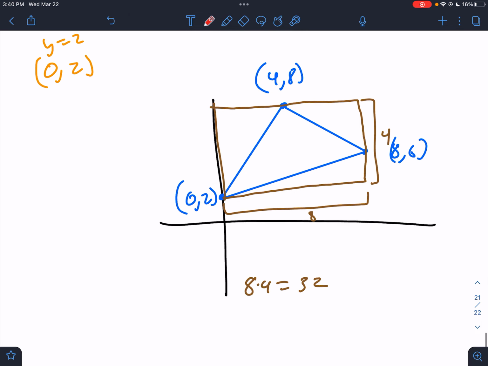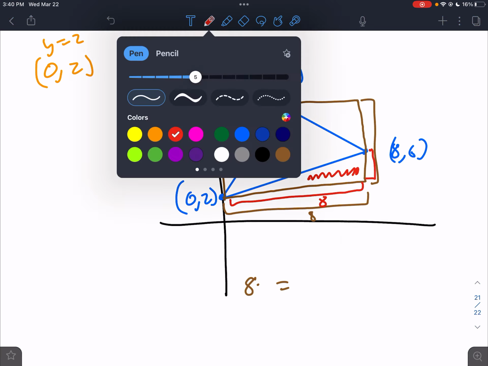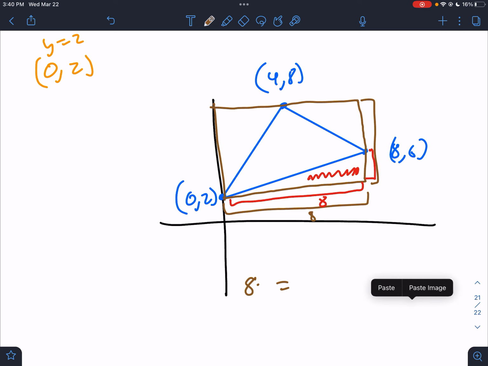Then we're going to have some smaller triangles. So this triangle would be 8. And from 2, wait. Messed up. Let's go back to brown. I did mess up. That's from 2 to 8. The entire thing would be 6, making it 48.